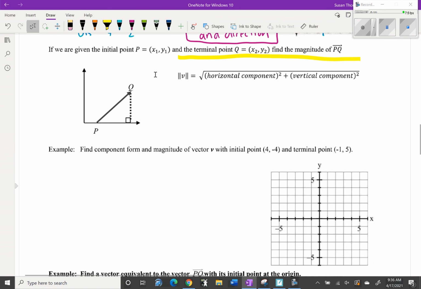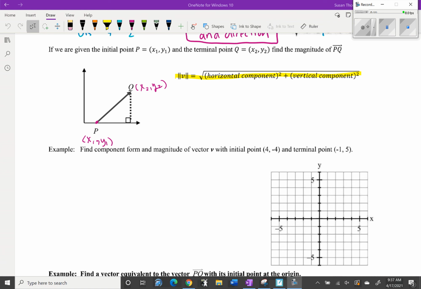So if we are given the initial point x1, y1, and the terminal point x2, y2, we want to find the magnitude of PQ. So, of course, to find the magnitude, since we're not in standard position, we have to find the horizontal component and the vertical component.